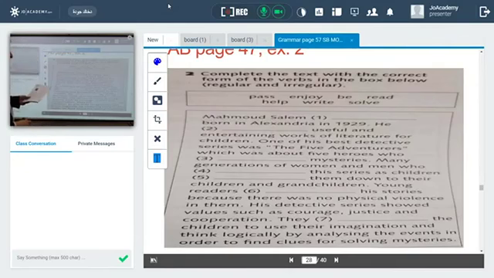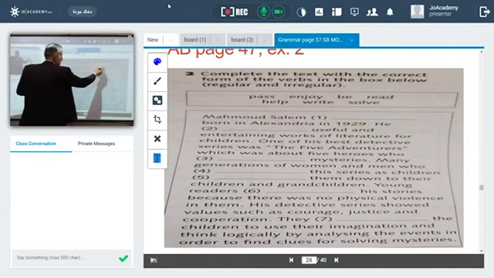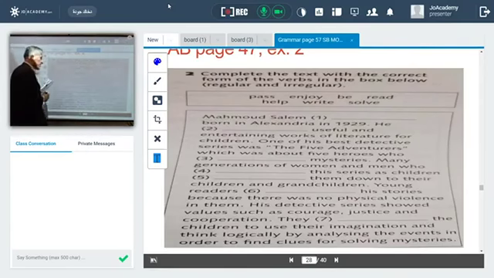So we have the verbs pass, enjoy, be, read, help, write, and solve. They are in the present, so we need to make them past. Can you tell me which of these verbs are regular and which are irregular? Can you remember? Try to find out.